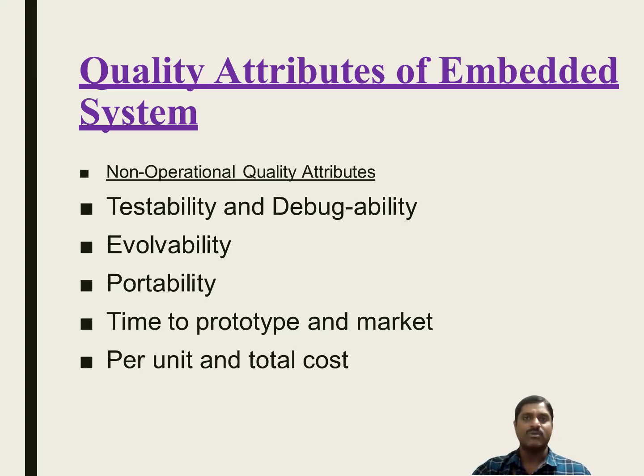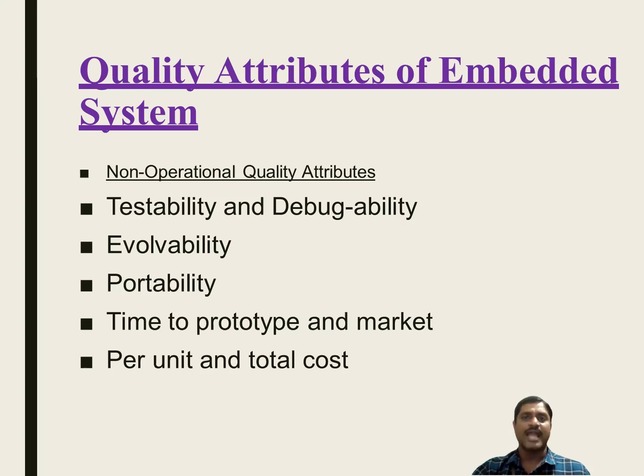So any failure to position the cost of a commercial product at a nominal rate may lead to the failure of the product in the market. So we need to study the proper market, and cost benefit analysis should be carried out before taking a decision on the unit cost of the embedded product.